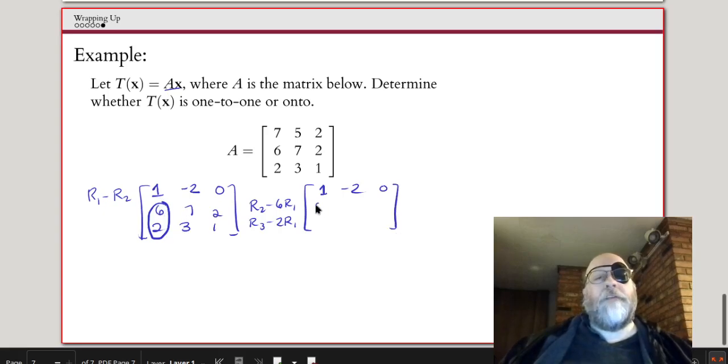Six minus 6 is 0, 7 minus -12 is 19, and 2 minus 0 is 2. Two minus 2 is 0, 3 minus -4 is 7, and 1 minus 0 is 1.